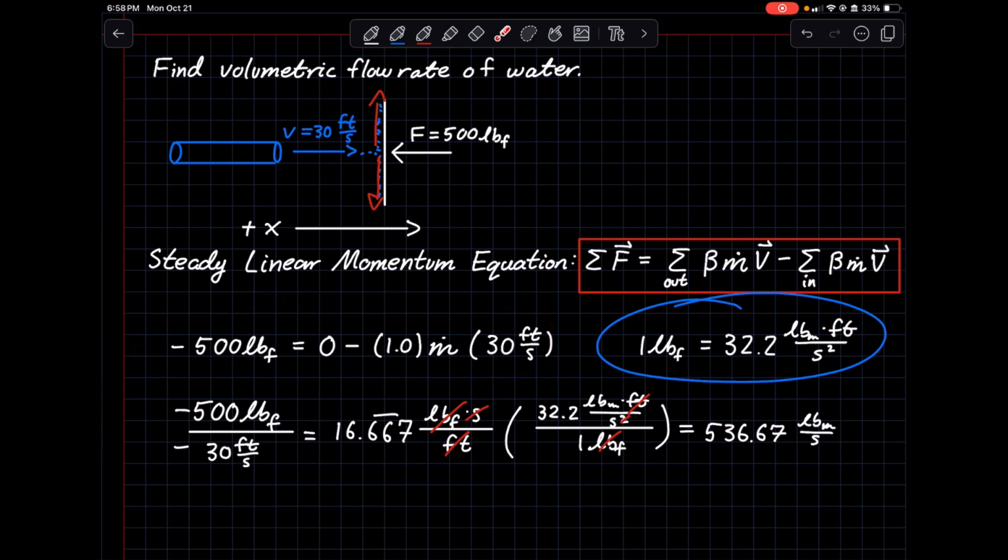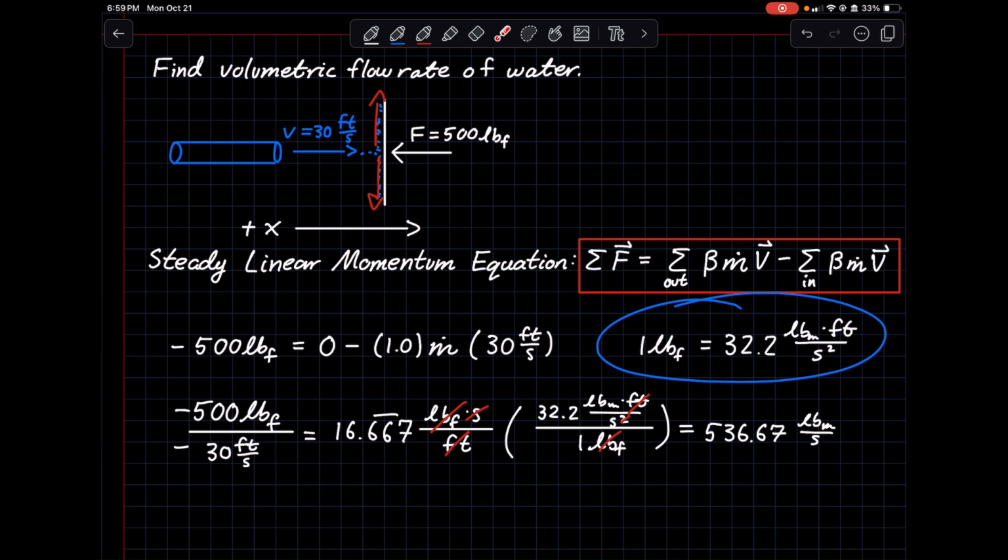For flow going in, we have whatever's in blue right over here. We have 30 feet per second, which is given. We have 1.0, which is our beta, which I've determined to just be 1.0 to make the problem easier. But normally if there is a beta, it would be given. And we're solving for m dot. Going ahead, solving for m dot, we had this very weird unit, which is not very nice, and we used this unit conversion I've circled in blue.